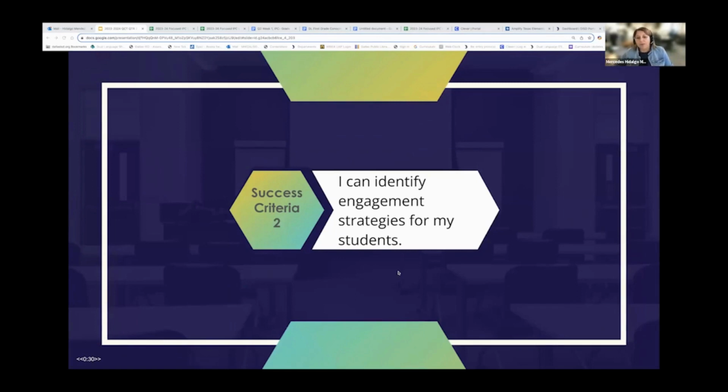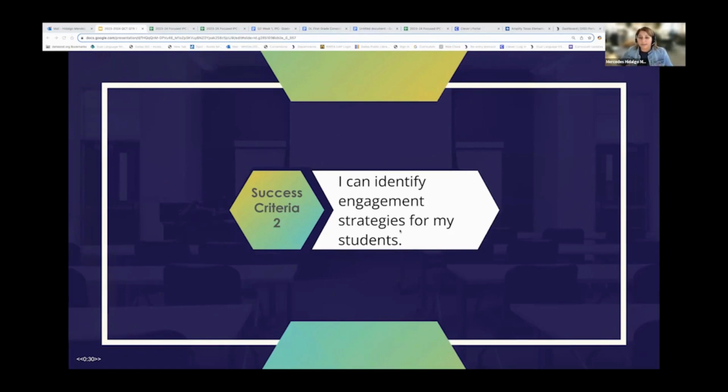The success criteria was, I can identify engagement strategies for my students. And we decided on this part of the presentation because this is a very common feedback that we are getting from the Amplify walks. When you're teaching lessons, one of the things that we hear a lot in the feedback is, oh, there is not enough engagement.